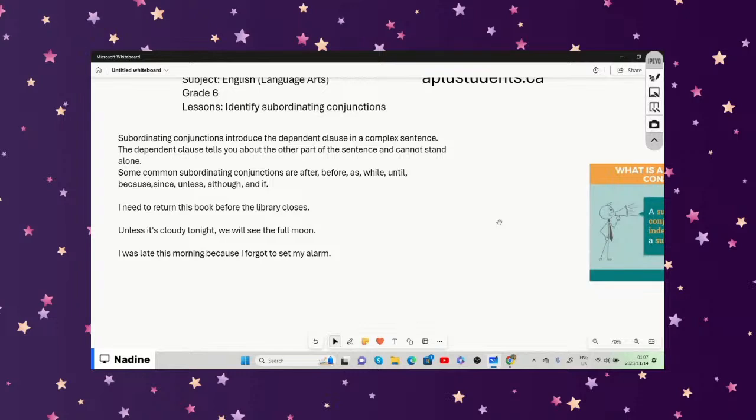The dependent clause tells you about the other part of the sentence and cannot stand alone. So within a complex sentence, we have an independent clause and we have a dependent clause. An independent clause can stand on its own, right? And it basically expresses a complete thought, a complete sentence. However, a dependent clause cannot stand on its own.